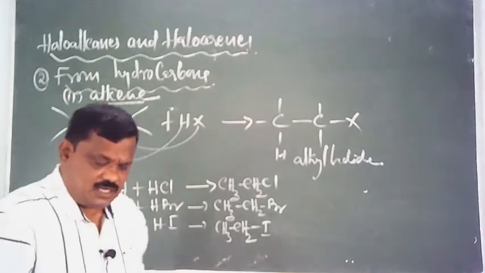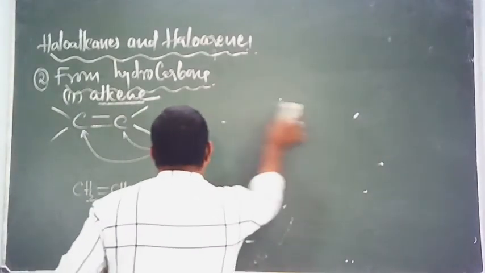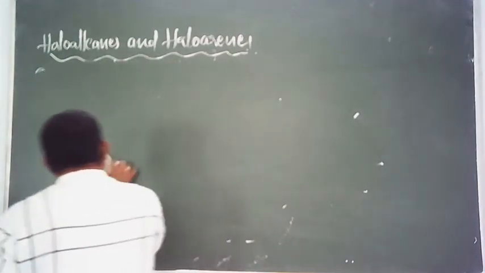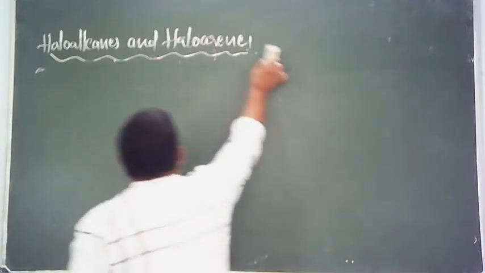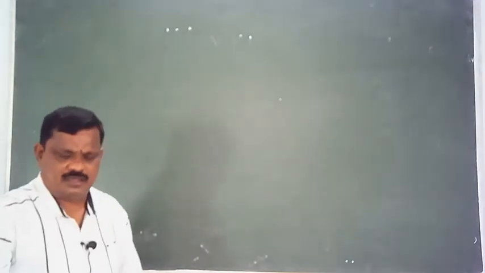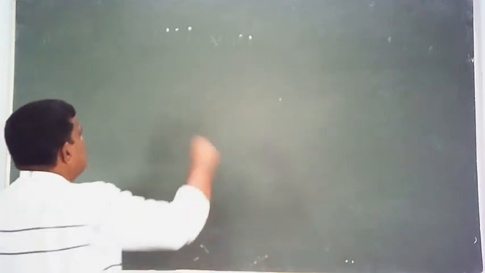But in case of unsymmetrical alkene, that's very important. I think you know the difference between symmetrical and unsymmetrical alkene. Let me give examples.